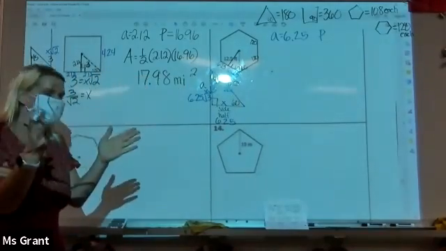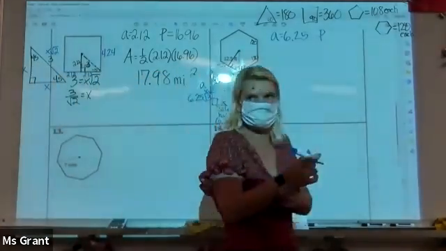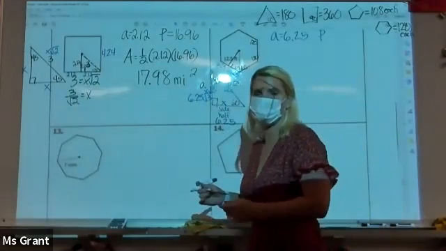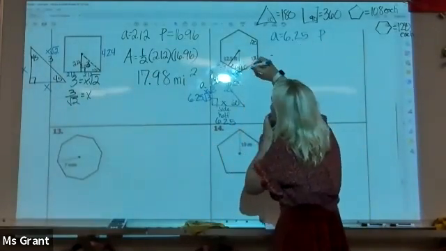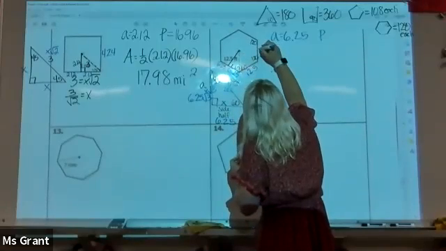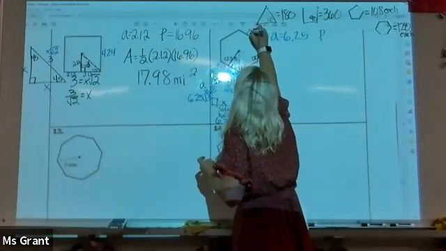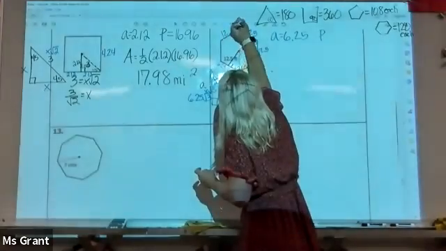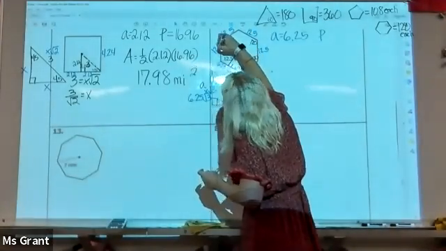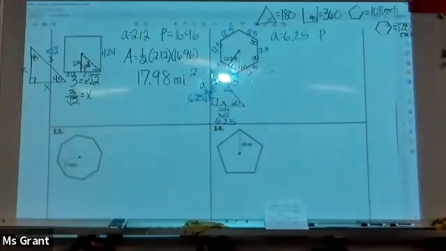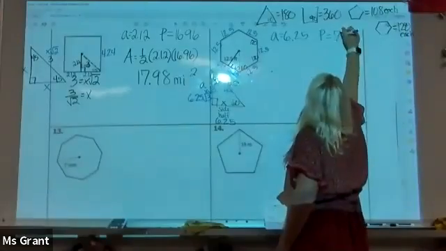So together they make what? 12.5. So add it up 6 times to find the perimeter. 12.5 times 6. 75. Thank you. My perimeter is 75.